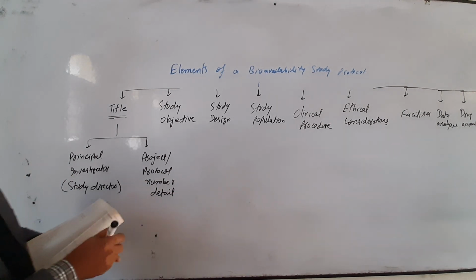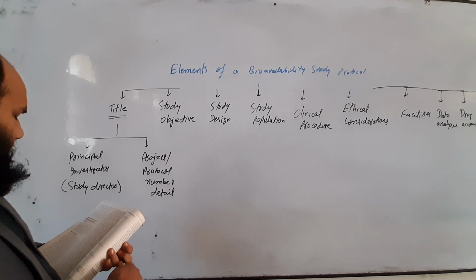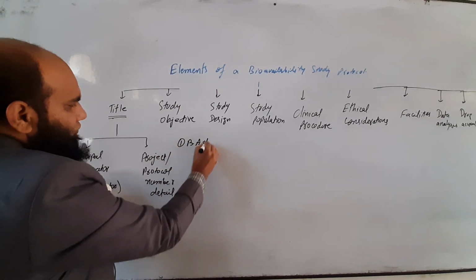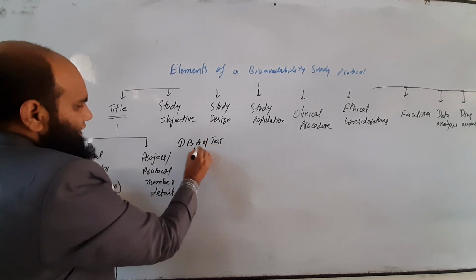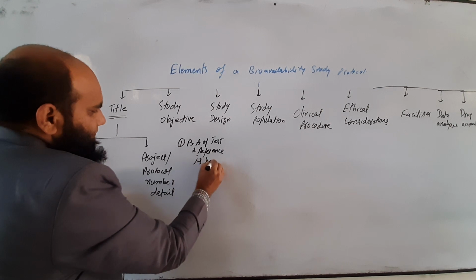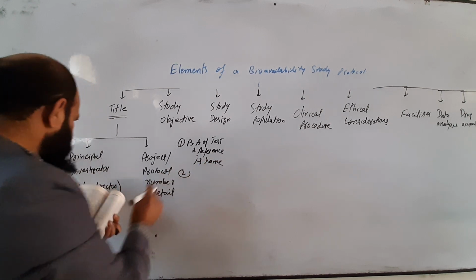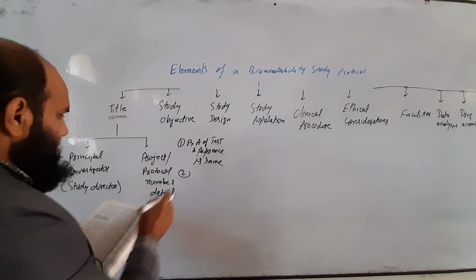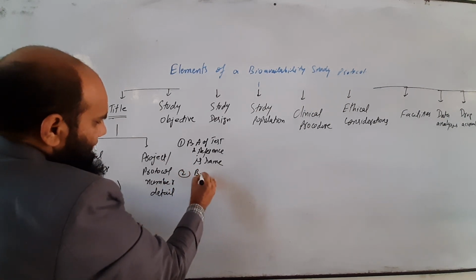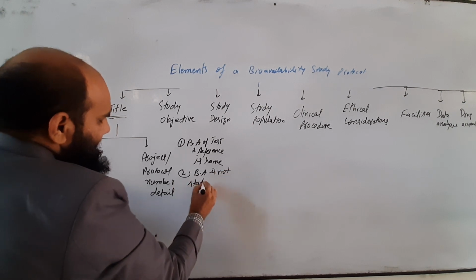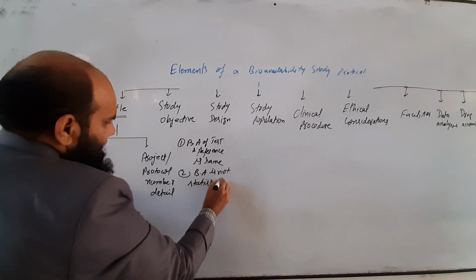Now we will learn some points from the objective. Objective should have, first one is, bioavailability of test and reference is the same. Second is the bioavailability is not statistically different.